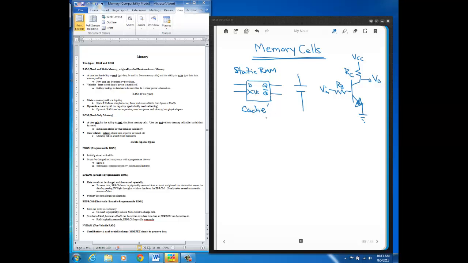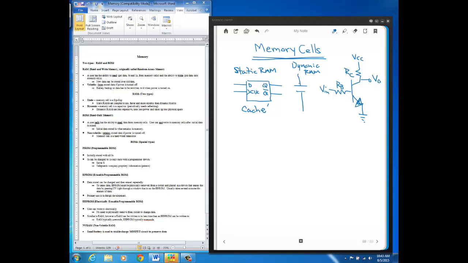So it's fast memory. But another way that you can store bits is with integrated capacitors. This type of memory is called dynamic RAM, and that's the memory that makes up most of your working memory inside your computer.